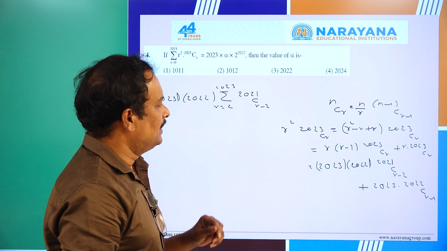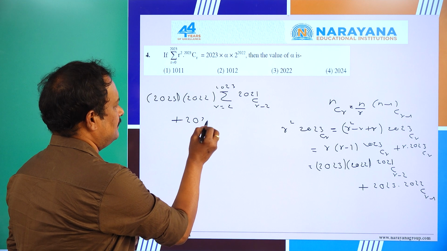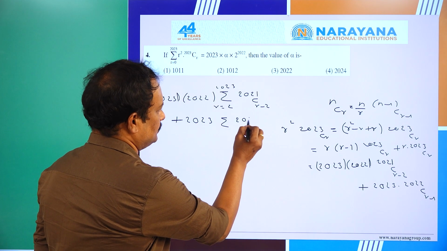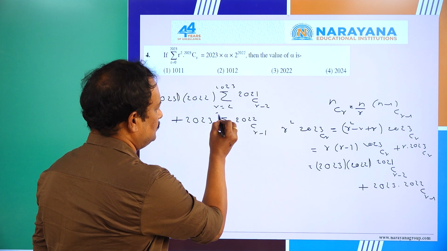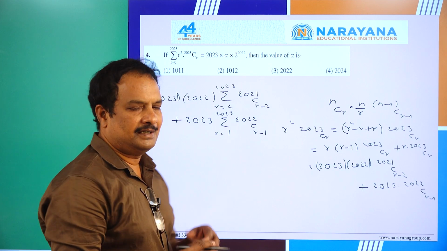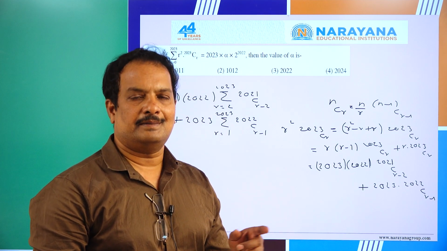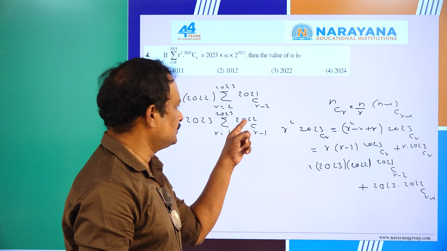That's the first part. What about the second part? This 2023 is common, and then this is sigma of 2022 C r minus 1, where r is changing from 1 to 2023. You should not take 0 again, because quite obviously r minus 1 should not be negative. It can be 0 and maximum it can take up to 2022.